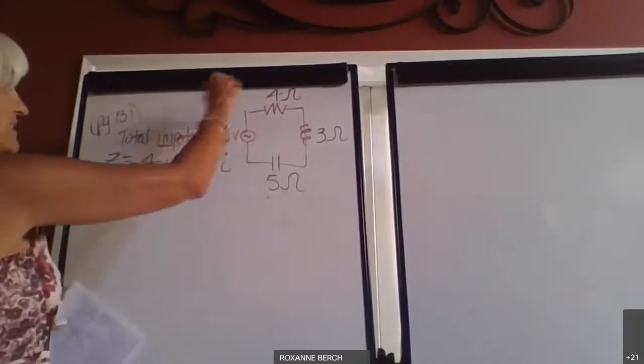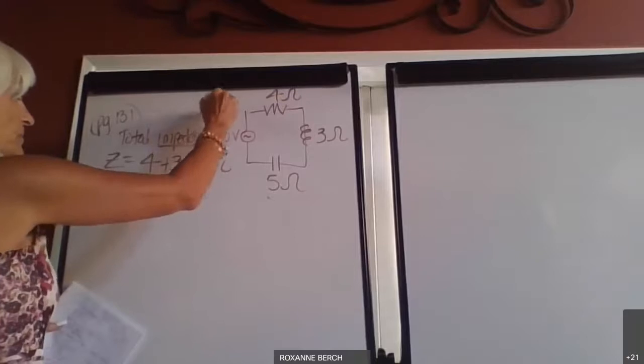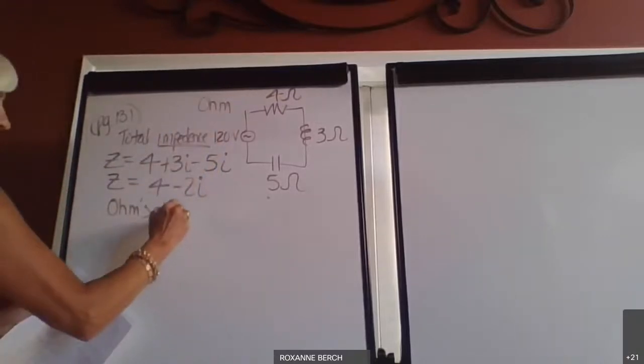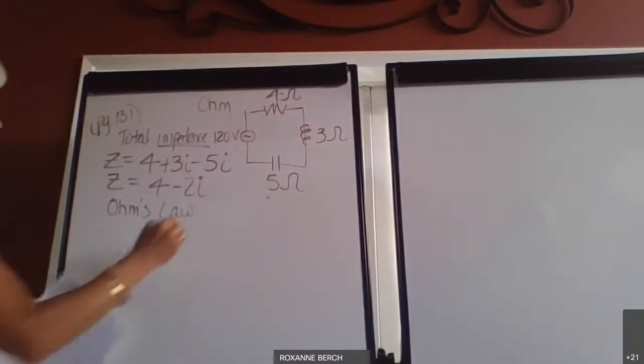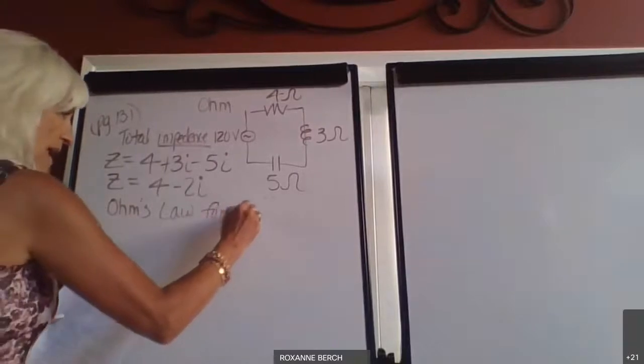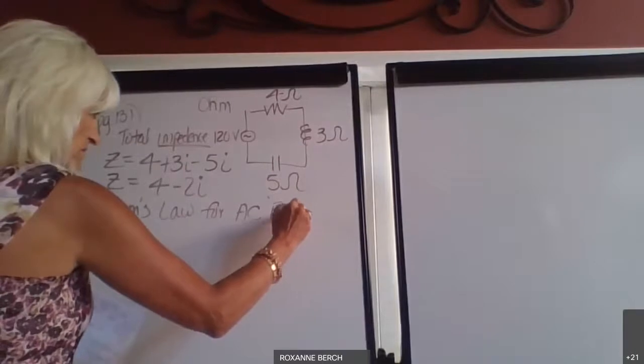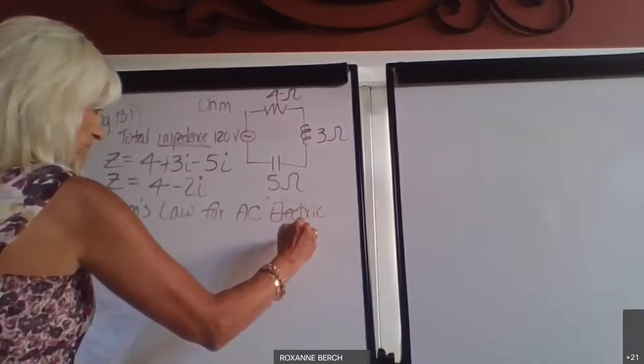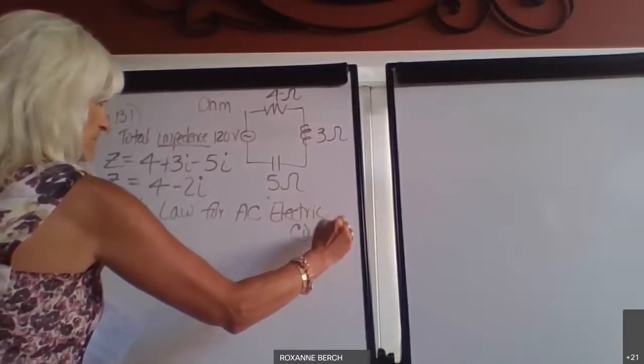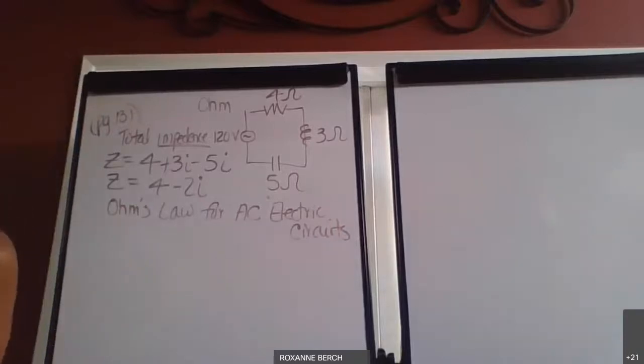All right, now there's Ohm's law. Now remember that symbol means ohm. Ohm's law is for AC electric circuits, and AC, well, an AC power, we'll read that in a minute.